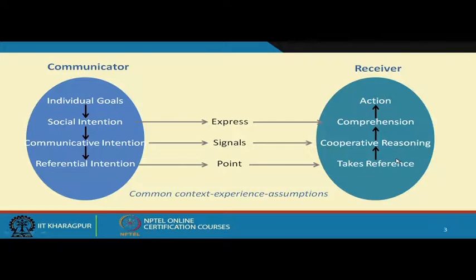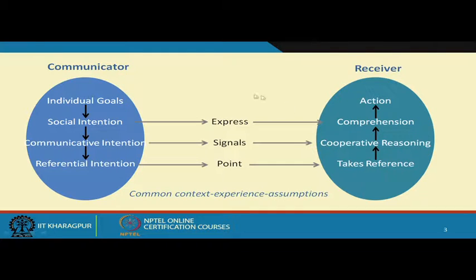See how important it is now from this diagram that after analyzing the entire goal, social intention, communicative intention and referential intention, what you point to, if that is not received by the receiver, if the receiver is not even looking at the bicycle that you are pointing to, the whole communication fails, the whole assumption fails, the experience on which you are relying in this particular communication fails.